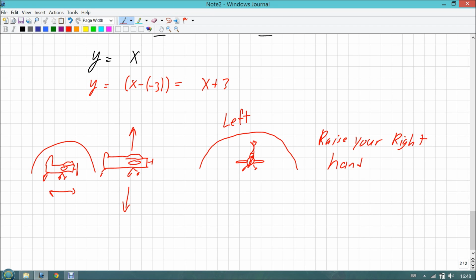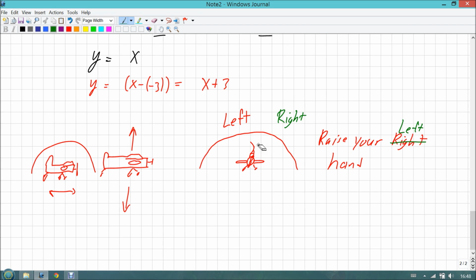So if he's raising his right hand, and it's on our left side, then what do you think would happen if we tell him to raise his left hand? Now, if we tell him to raise his left hand, he will raise his left hand, and it will be our right hand. So what's happening is we're getting reversed. We're getting mirror imaged.